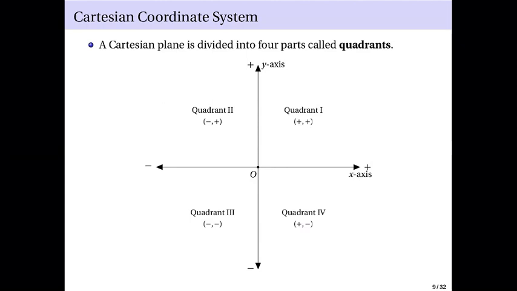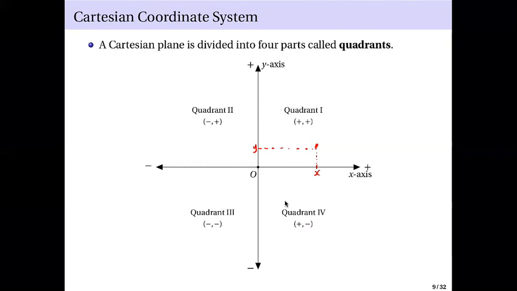If I get a point in here, the x value, since it's on the right of O, is positive, and the y value, since it's above O, is also positive. So plus, plus. And then from quadrant 1, we move counterclockwise.